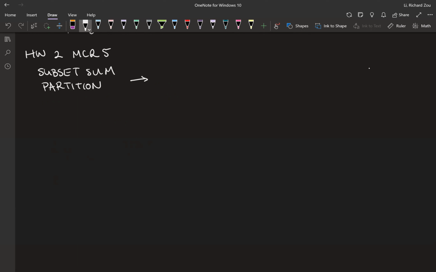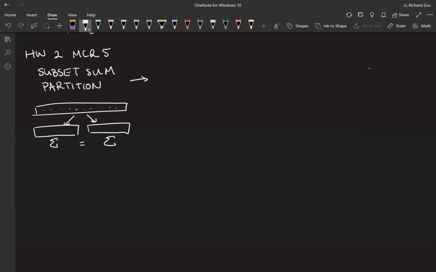Partition essentially asks us if we have some sequence of numbers, whether we can divide them into two sets of equal size or equal sum, so the sum of this set is equal to the sum in this set.